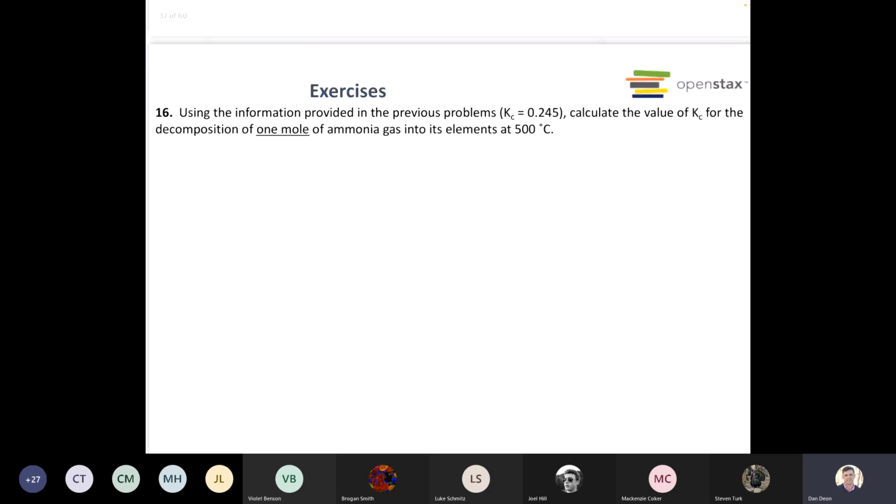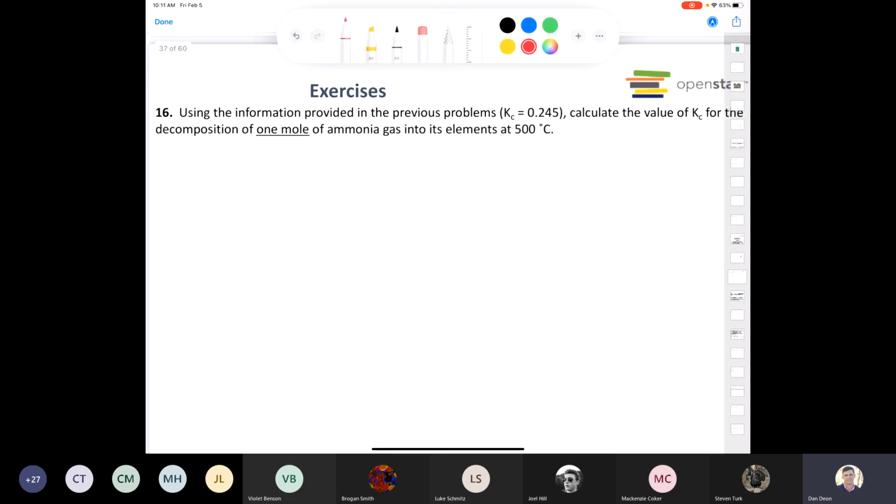It says use the information provided in the previous problems where the equilibrium constant is 0.245. Calculate the value of Kc for the decomposition of 1 mole of ammonia gas into its elements at 500 degrees Celsius. We looked at this last class like 3 times. It was the formation of 1 mole of ammonia from its elements.